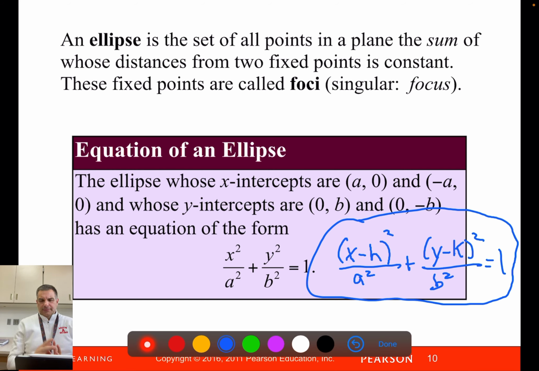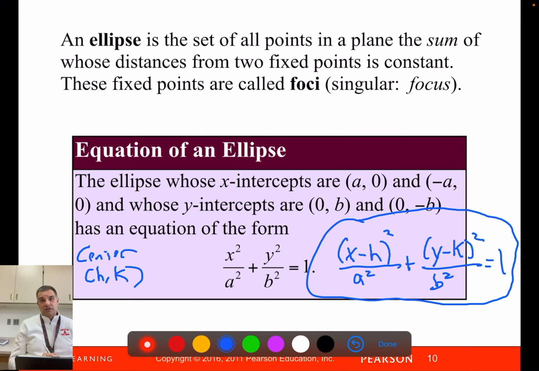So h and k is going to be our center, and it's going to help us graph it. The a and b values are going to tell us how far we're moving from the center, left and right, or up and down, depending on where it's at and what it's under.